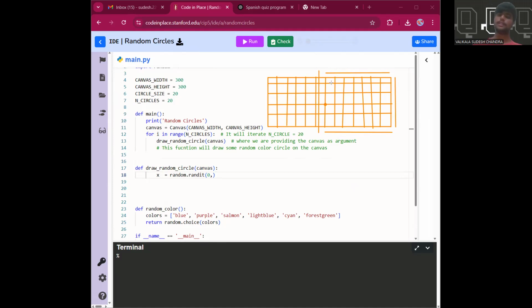Now, rather than that, consider this entire part as the canvas itself. It would be easy to understand also. Consider this entire grid that has been provided as the canvas. Now, what we have to do is draw circles inside this canvas dimension.